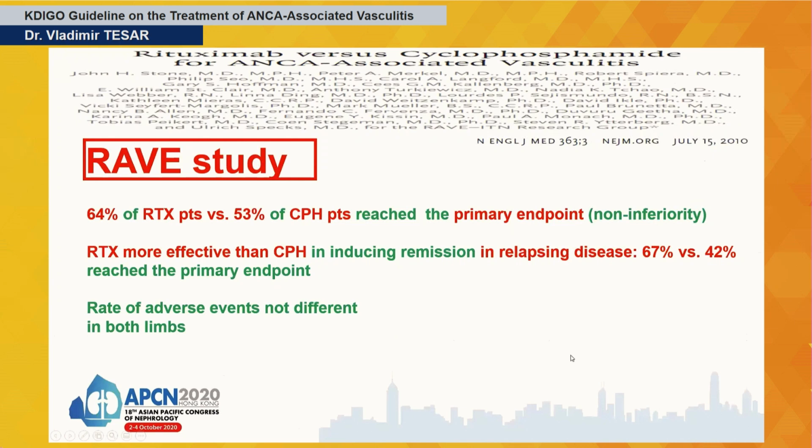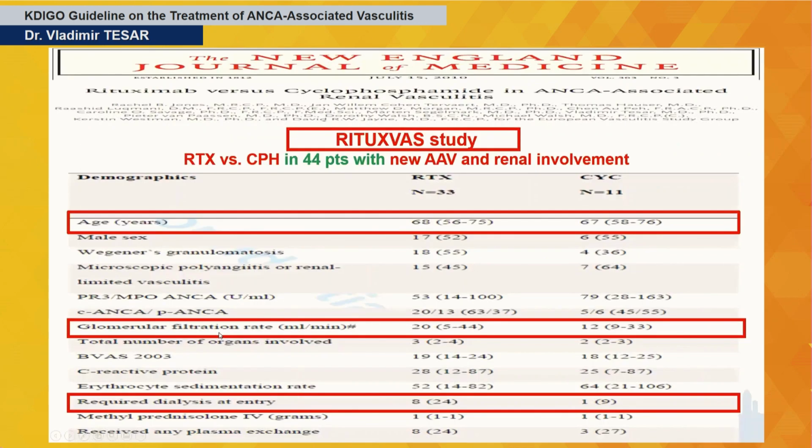It showed that rituximab is non-inferior to cyclophosphamide when new patients with newly diagnosed ANCA-associated vasculitis were assessed, and it's even more effective than cyclophosphamide in inducing remission in relapsing disease, 67% versus 42%, but the rate of adverse events was not different in both limbs.